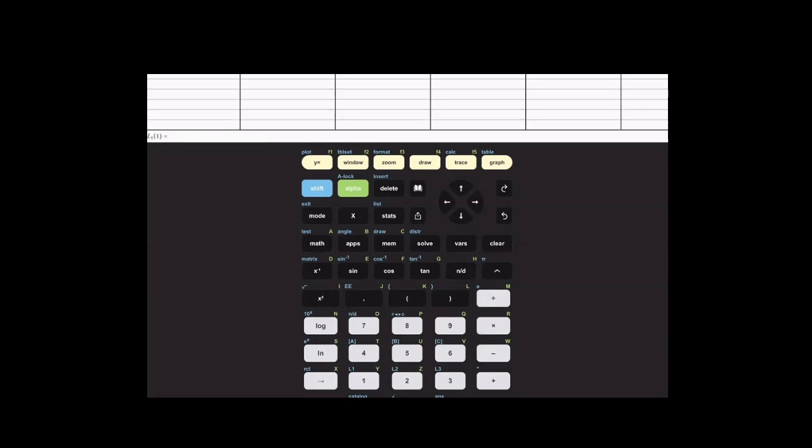And in L1, we list our outputs, our values, which in this case were -1, 2, 8, and 16. In list 2, we list our frequencies, which in this case are just our probabilities: 0.8, 0.15, 0.04, 0.01.